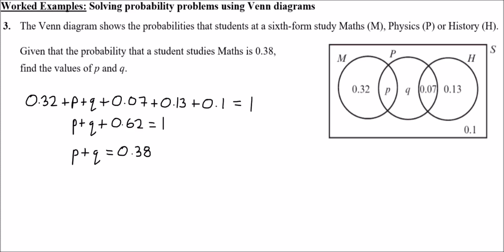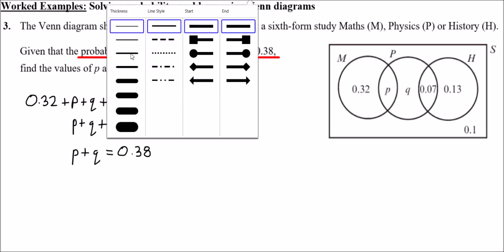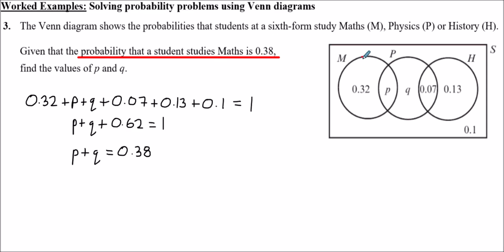Now what we can do, we can use information we've been given. The probability that a student studies maths is 0.38. Okay, so all that's saying is the total number of students that lie inside this maths circle, well, the total of this probability needs to be 0.38.